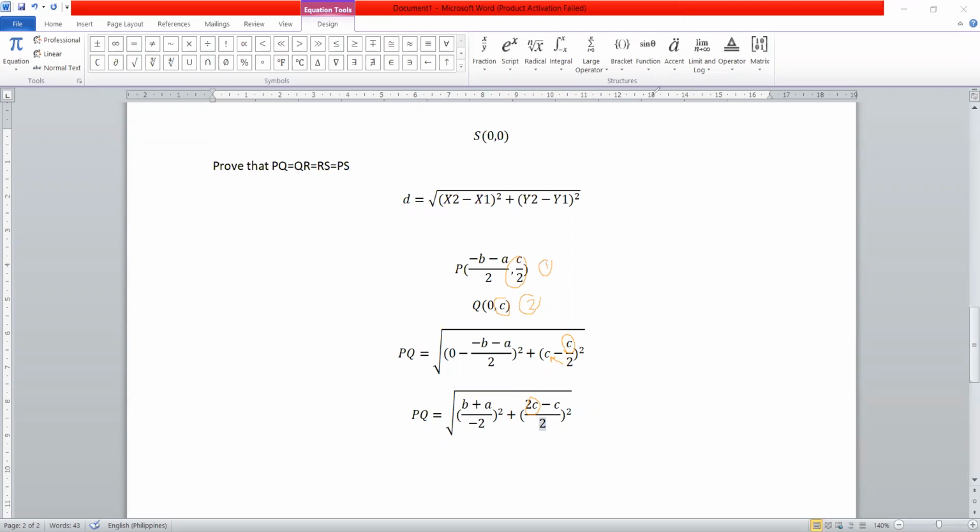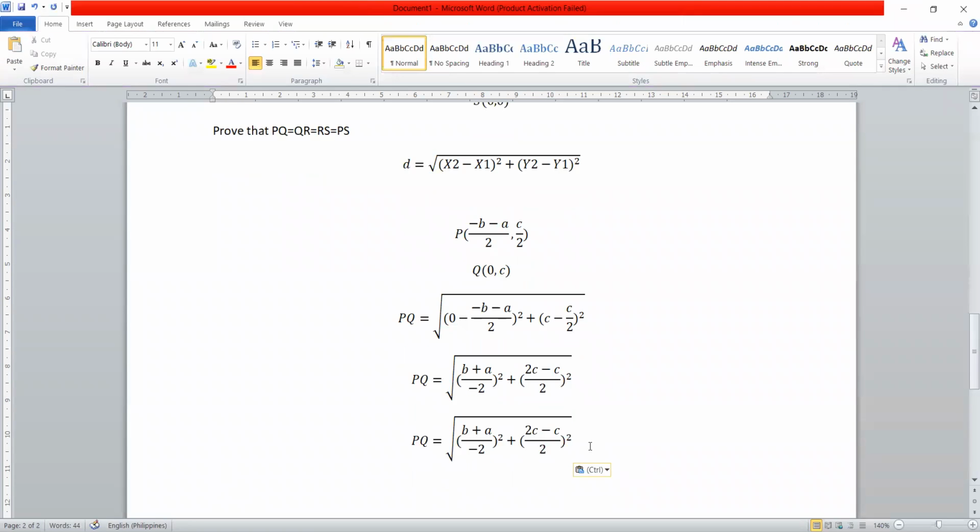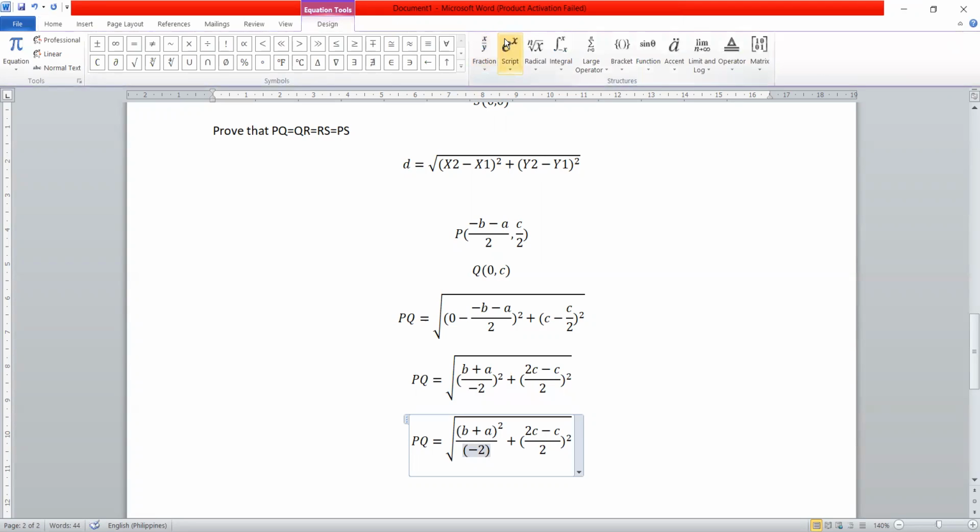Next, simplifying this further, we have b plus a, squared, and negative 2, squared.